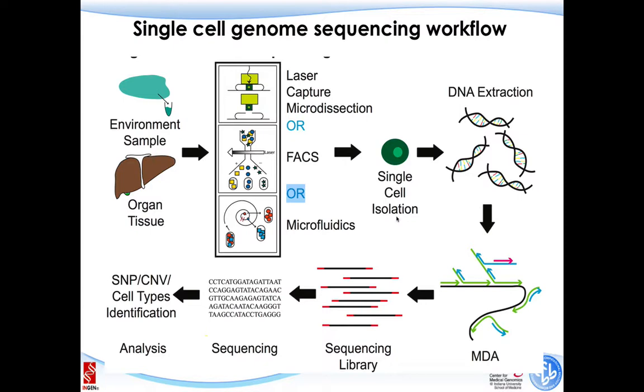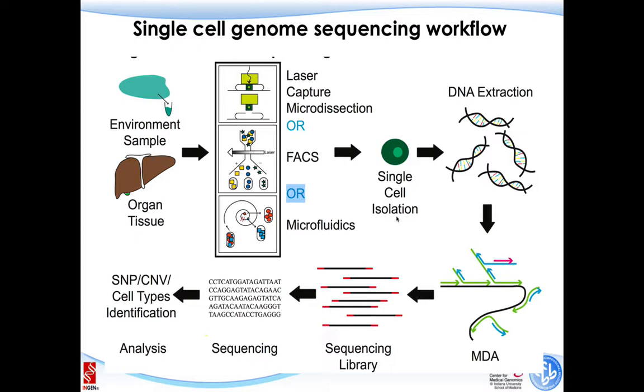Then you do the DNA extraction and amplification using a very specific type of enzyme called isothermal polymerase. I have not used that, but it seems they keep the fidelity very, very high. Then you prepare the library, sequence it, and do the analysis.